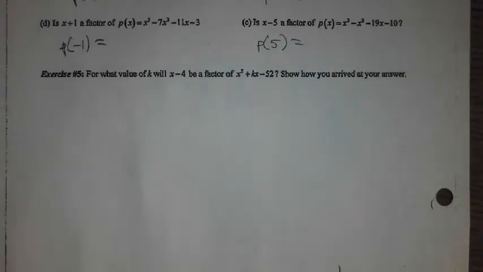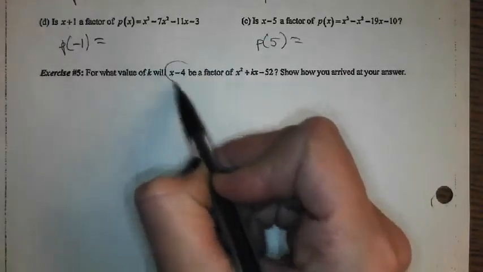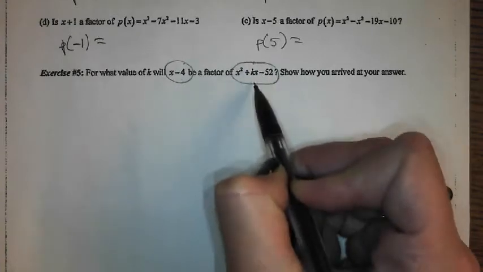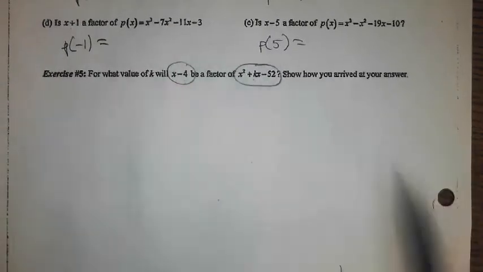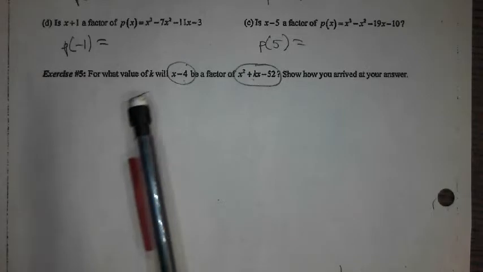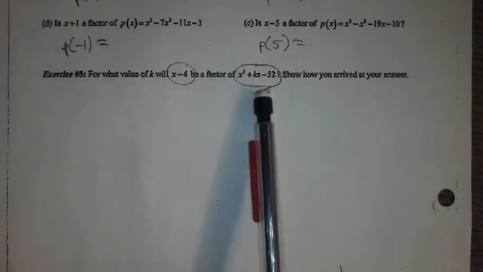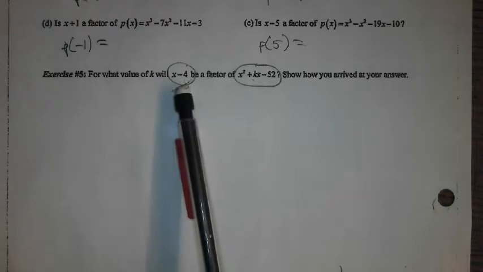Tricky Common Core way of asking. For what value of k will x minus 4 be a factor of this? See how the k is missing? We want x minus 4 to be a factor. So what number do we want to plug in for x? If we want this to be a factor, positive 4.